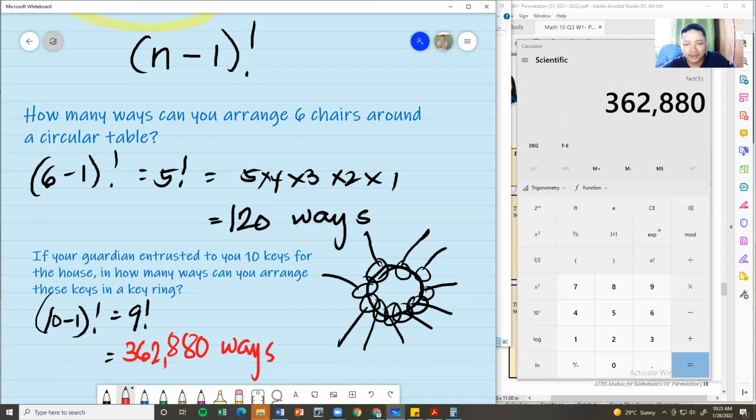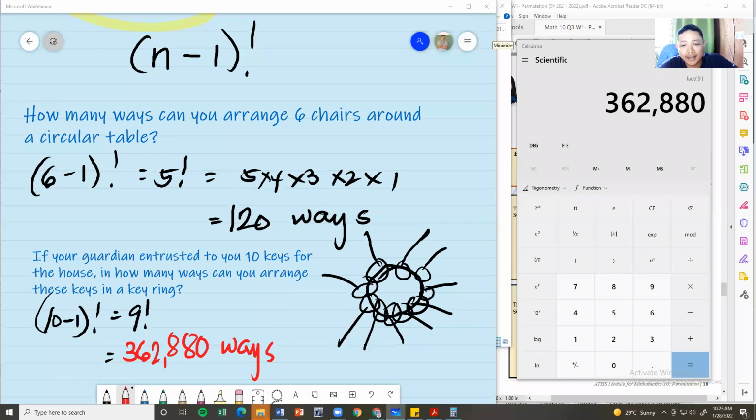Wow, that's complete. 362,880 ways on how you can arrange the keys on the keyring. Okay, very good. Thank you so much. Do you have other questions or concerns? Show me your reaction if everything is clear. Very good. Okay. And so, of course, we're done.